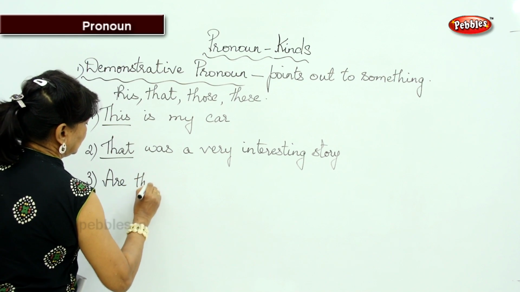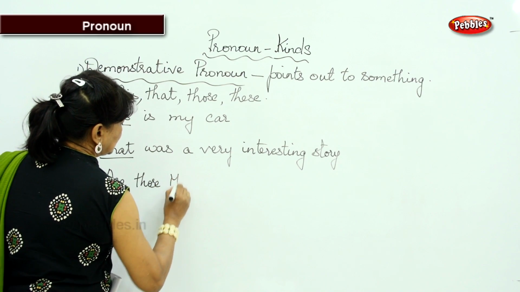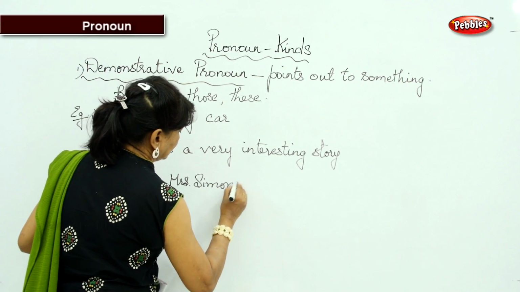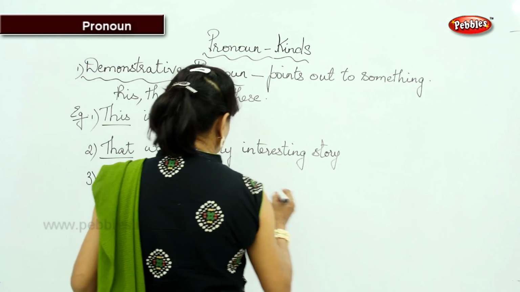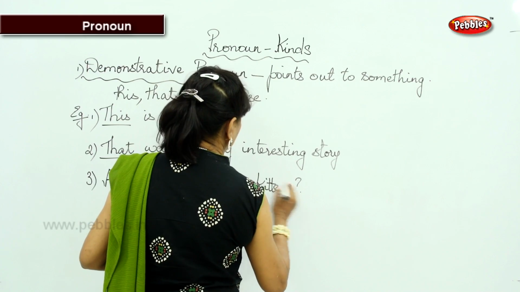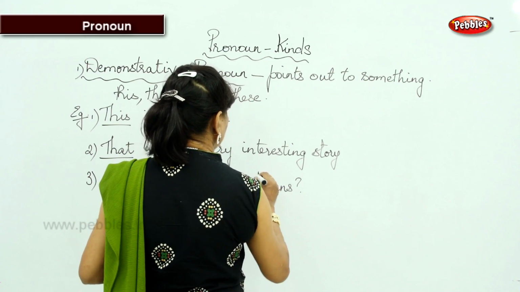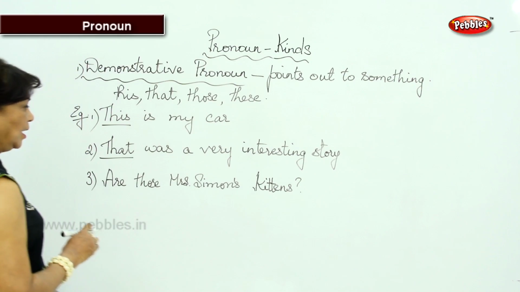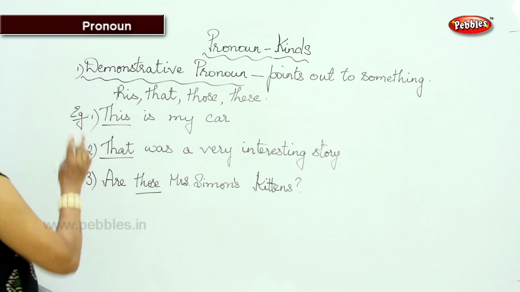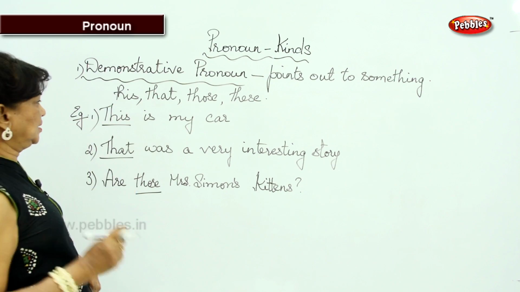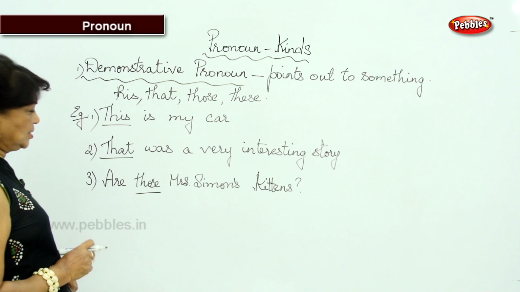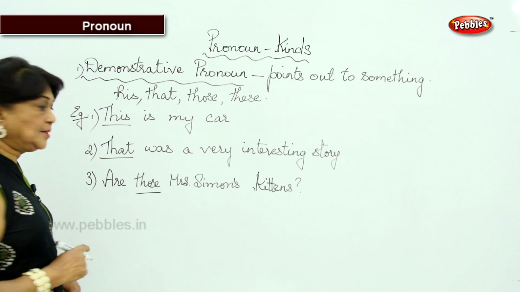Are those Mrs. Simon's kittens? What are kittens? The young ones of a cat. Are those Mrs. Simon's kittens? See, a demonstrative pronoun points out something. This is my car. That was a very interesting story. Are those Mrs. Simon's kittens?